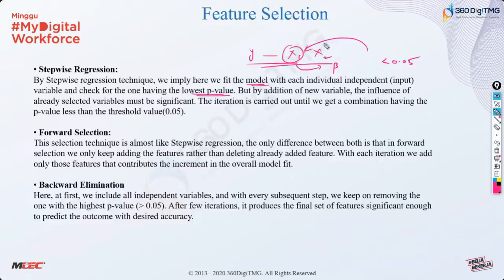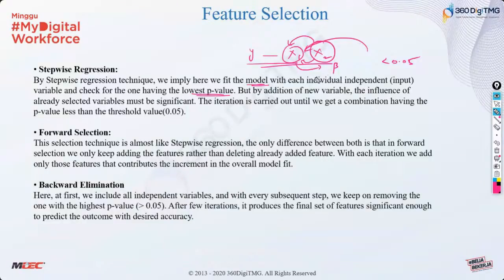Now because you brought in this x2, a new variable, into the picture, is it affecting the relation between x1 and y? It might be correlation. If there are such issues, then the p-values will become insignificant, so you can eliminate those variables.